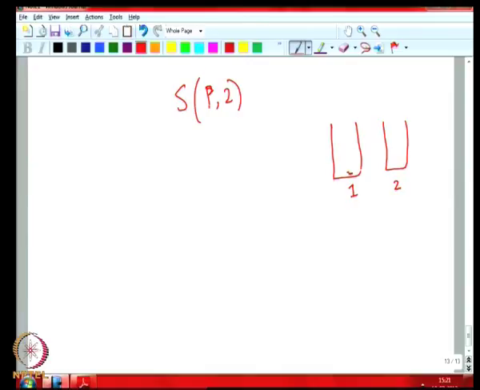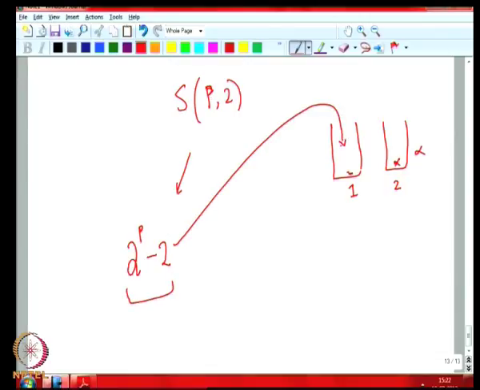And not only that, we cannot take the entire set of objects P and put it in this box, because if I do that, the other will remain empty. That's also not allowed. So apart from these 2, any other subset can be taken, which are actually 2 raised to P minus 2 possible subsets, excluding the empty set and the universe full set. If you give any of those subsets here, the remaining can be given here, then both will be non-empty.